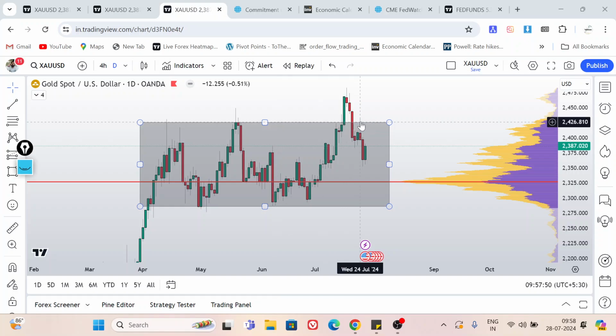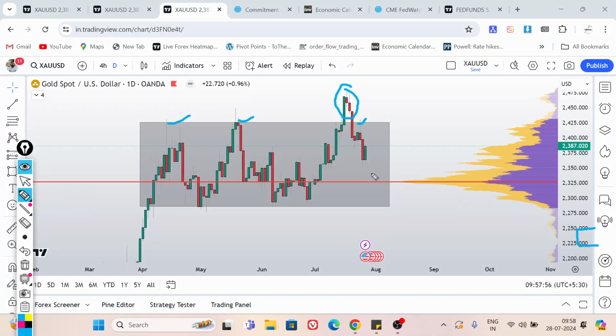So under this it is still on the bearish side, and we can expect a decline near this support area. This is the major support that we have to watch. It is around 2325 to 2330, this zone.